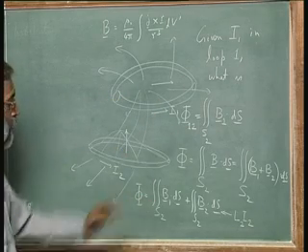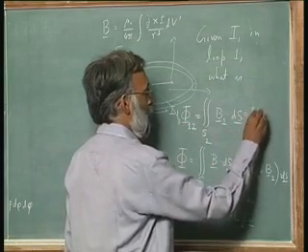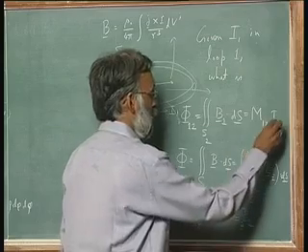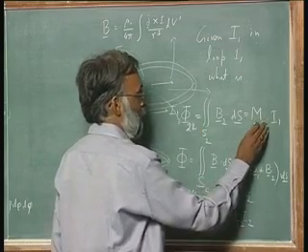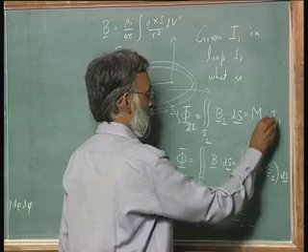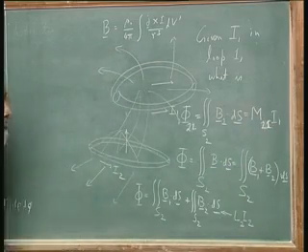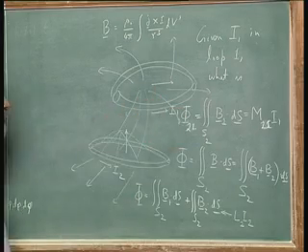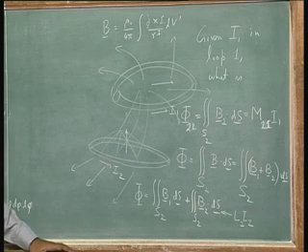It is due to the current in this loop rather than the current in this loop. So, it is given a new symbol. This phi 1 2 is called M12 I1. Actually, I suspect I should say phi 21 and call this M21. It does not matter because they are equal to the same number, but the nomenclature is, I think, this way, phi 21 I1.